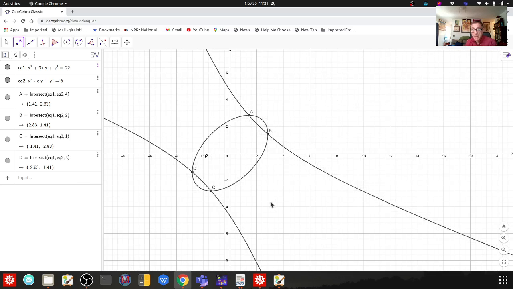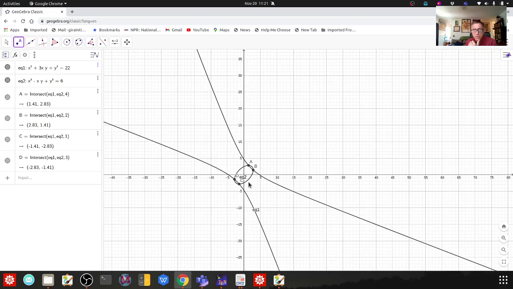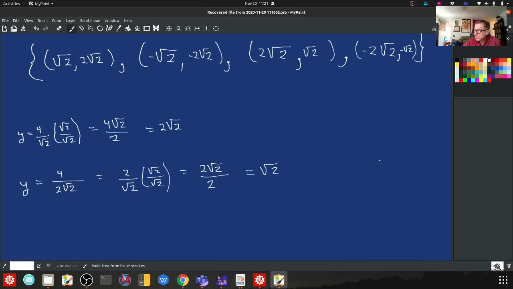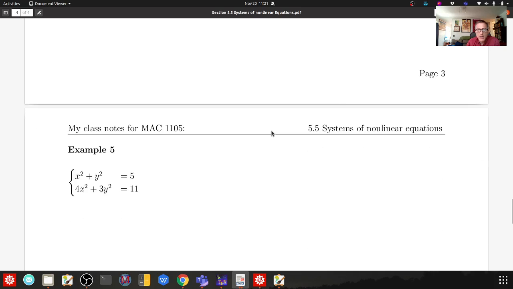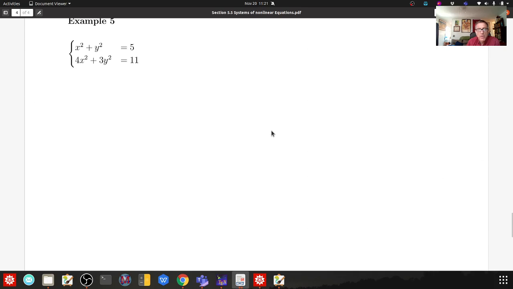Of course, this is an ellipse, and this is a hyperbola of some sort. There's no way you could get that by graphing, but we could get the solution by algebraic means. Again, I'm going to concentrate more on the problems of the first and the second type.